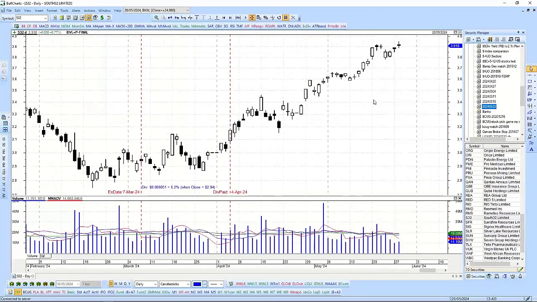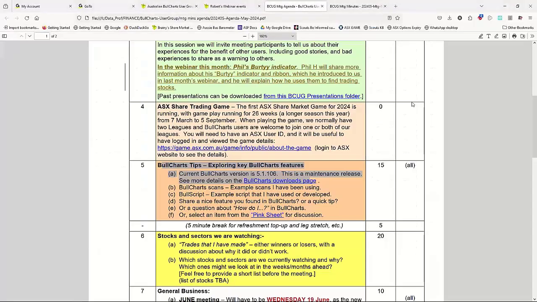Oh, Robert, I've just got observations about Philip's presentation, which was really good, I thought. Just looking at it, the way he's calculated his formulas, they're basically averages of averages. So that's why it's got a nice smoothing effect, and he takes a lot of noise out of the chart. When you're comparing his chart above to the Heikin-Ashi below, which does the same thing, it's pretty obvious why they match each other.